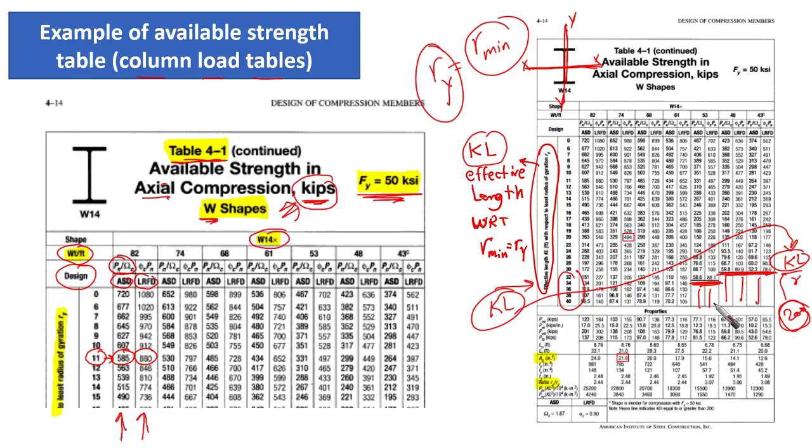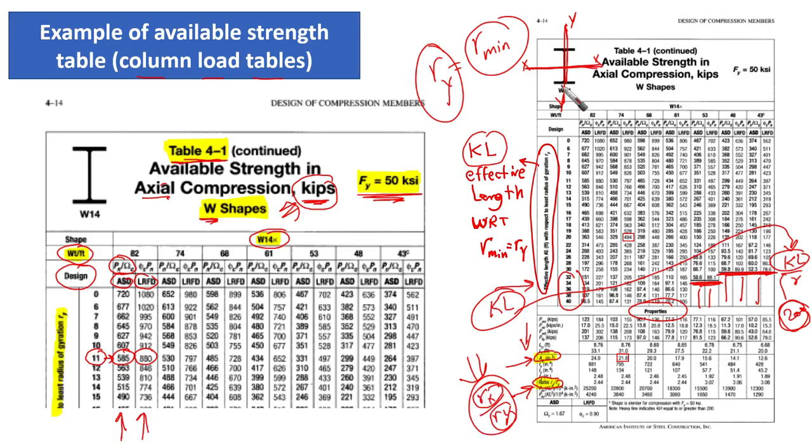Also, at the bottom of this table, you're going to find properties of the cross section itself, such as the area, which is an important property here, and another very important property, which is Rx over Ry, the ratio of the radius of gyration Rx over Ry.